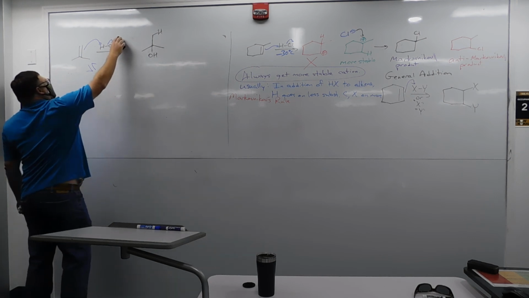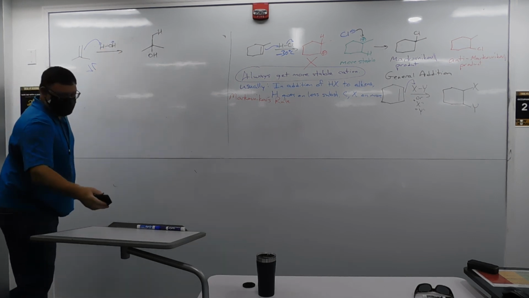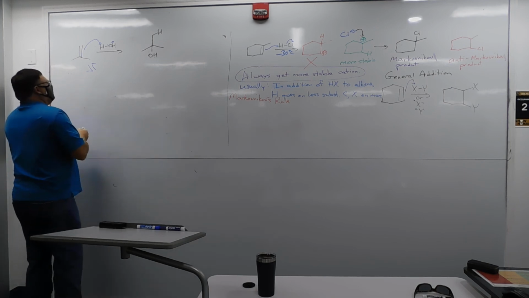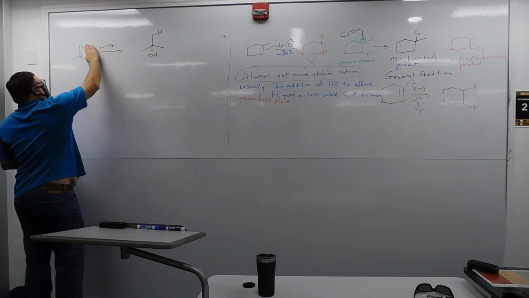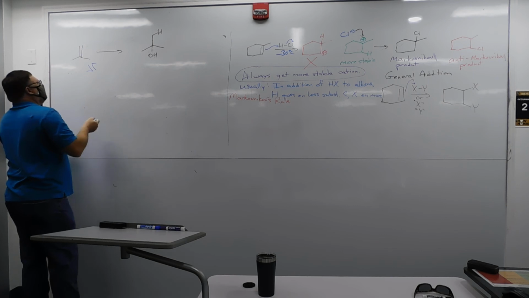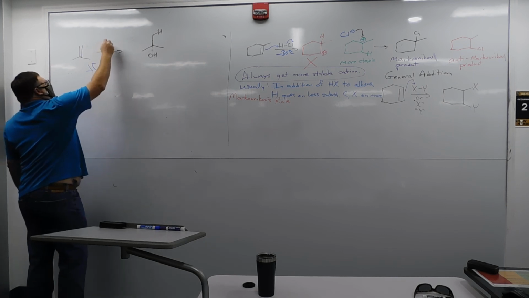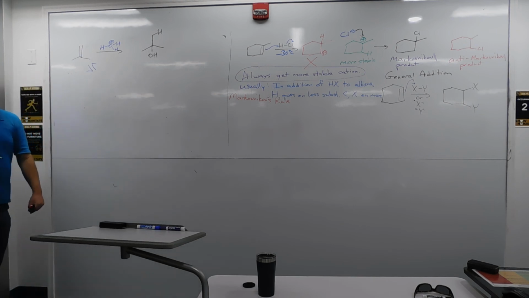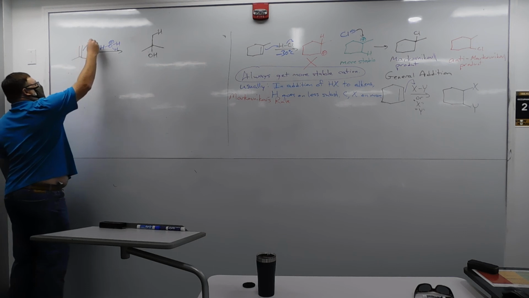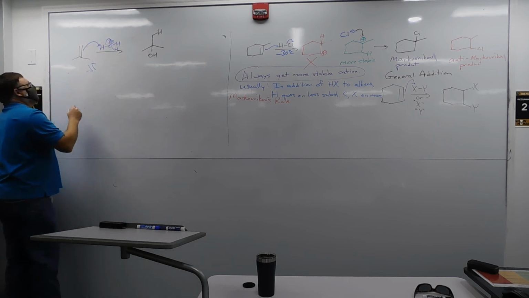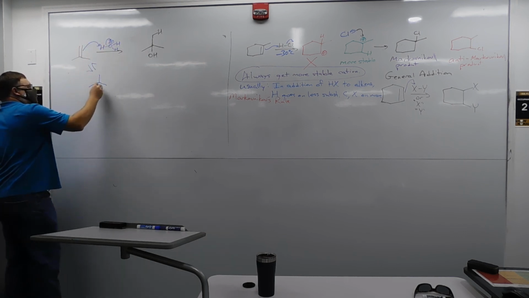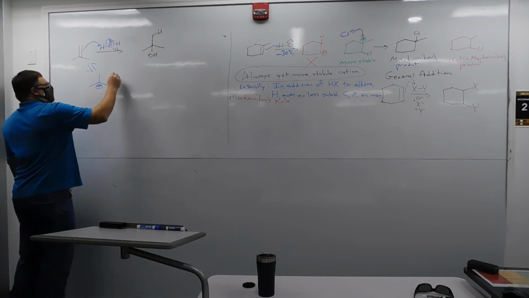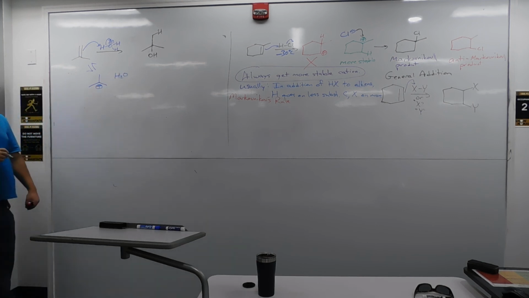Let me just start over. What we need here is a stronger acid, like H3O+. Now this reaction has a strong acid and a weak base, and we're going to generate a strong acid and a weak base.